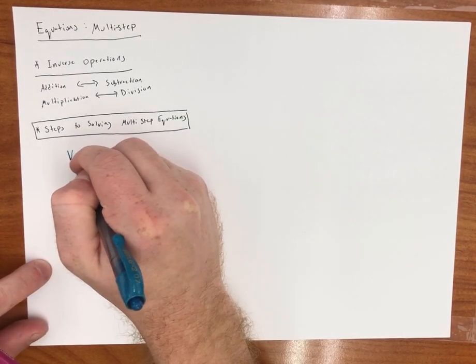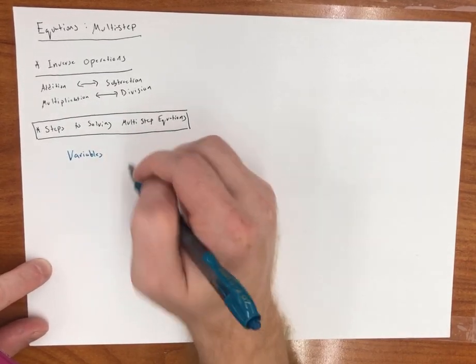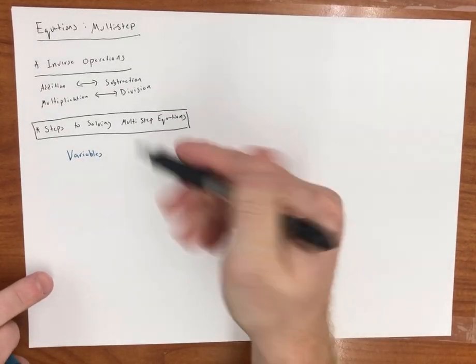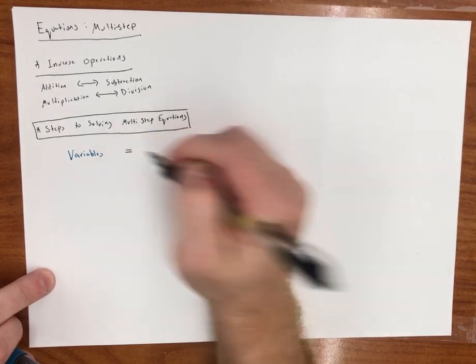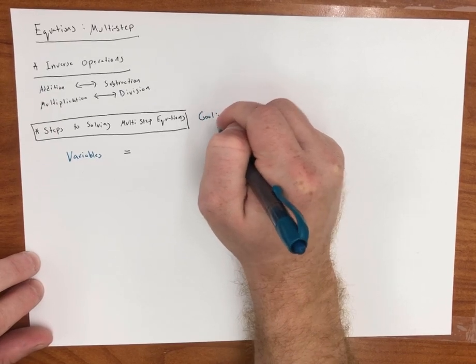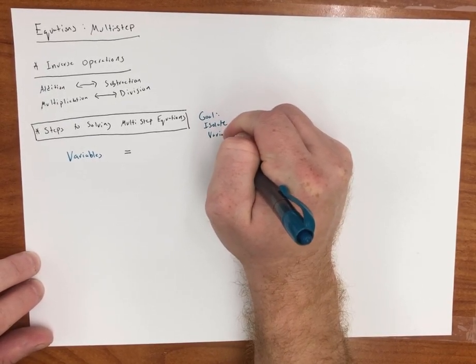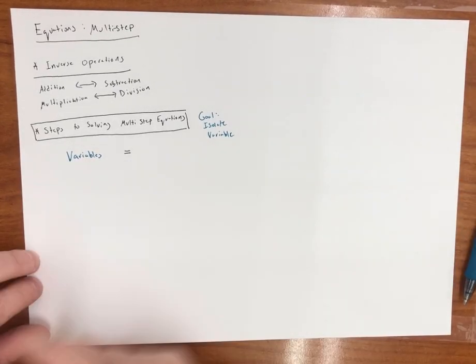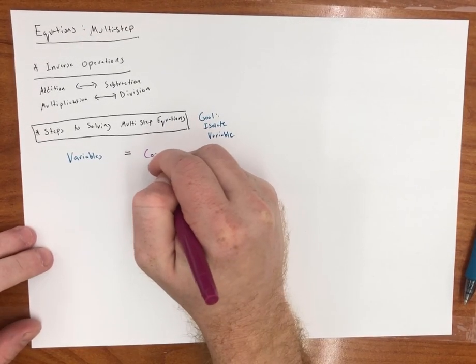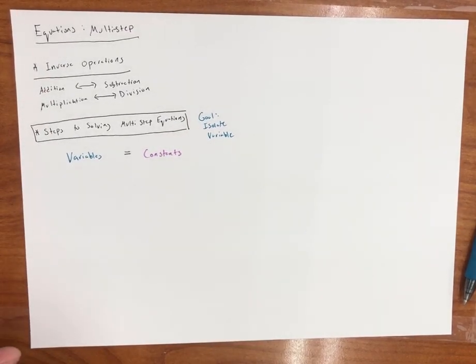We know we want our variables on the left, and eventually that variable by itself. Remember, the goal is to isolate our variable. So the variables are going to equal our constants eventually, okay?